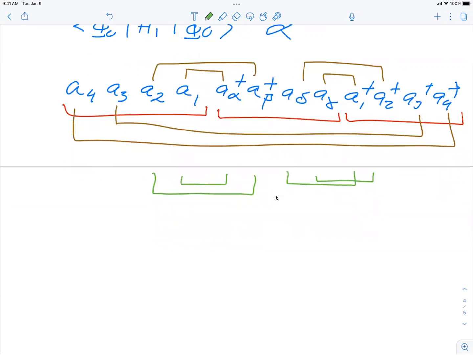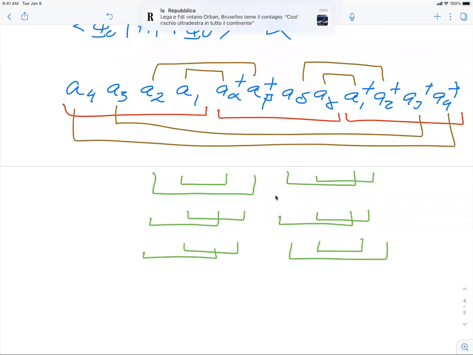And then I can continue like this, and I would get a new term where I take this one like that, and I can have this term here, or I can now just keep this term here and link it up with the first one, which is simply A gamma being contracted with A1 and A delta being contracted with A2. So that would be the interaction acting on A1 and A2.